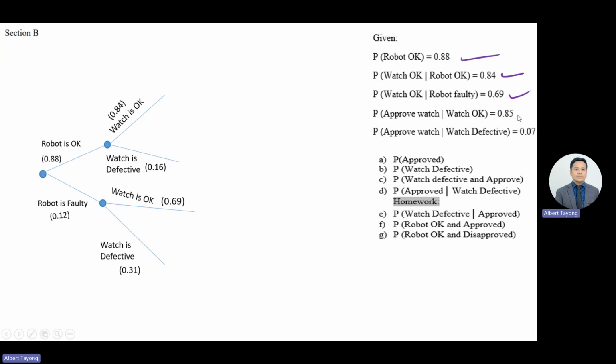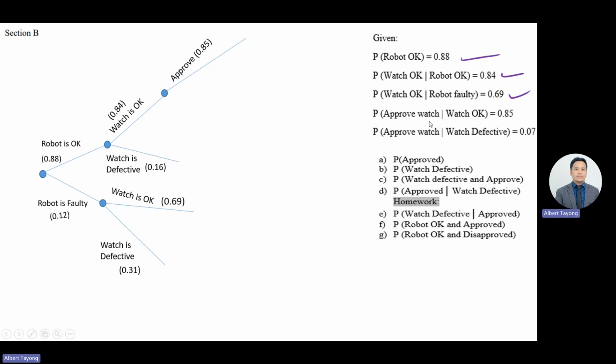Now let's proceed to 0.85. That is to approve the watch, given that the watch is okay. So here in the second stage, we have 2 watch is okay, this and the other one here, 0.69. So that is 0.85.